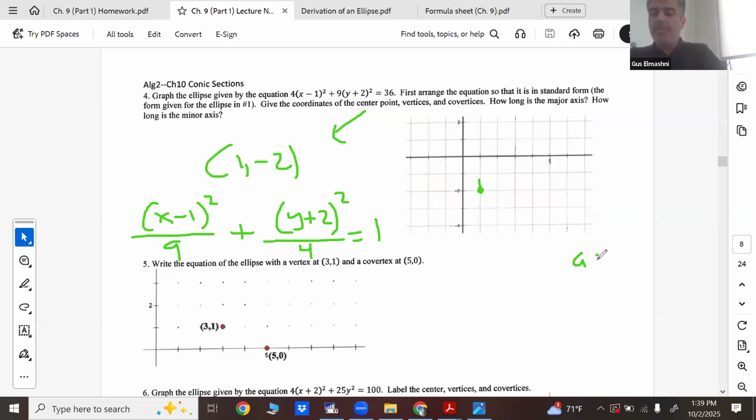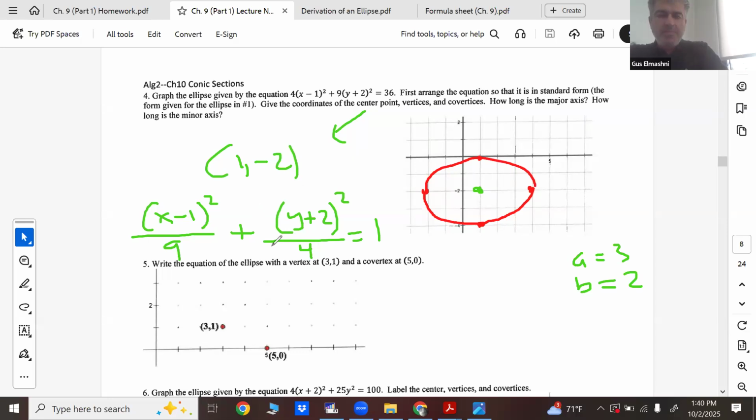My A value will be 3. My B value will be 2. So this way you know how far to go left, right, up, down. And you guys can determine the vertices and other stuff. I don't care, you guys now do that.